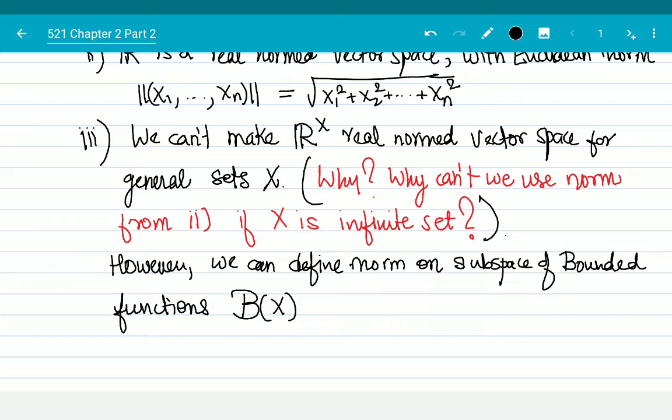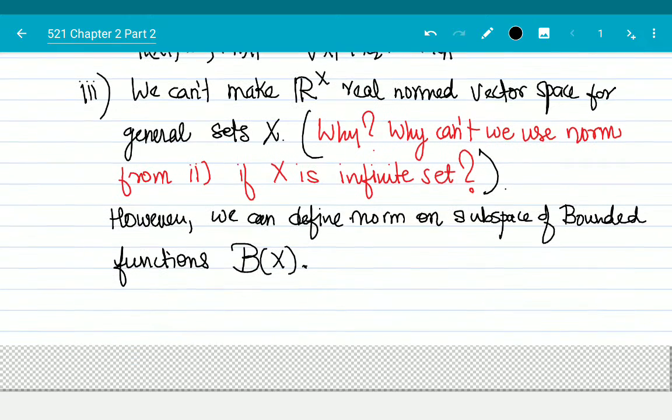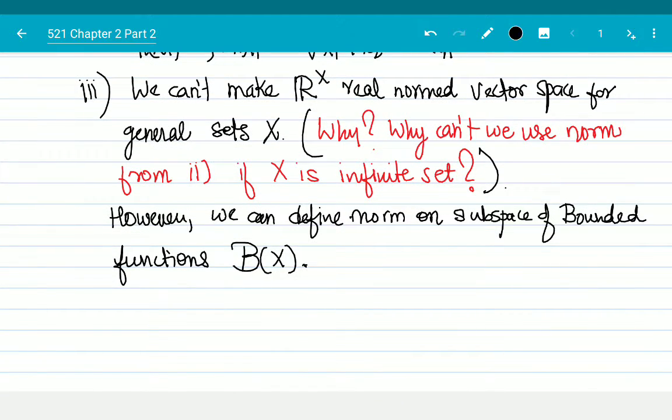Okay? What is a bounded function? A function f of x is bounded if the absolute value of f of x is smaller than a certain n for every x, right?